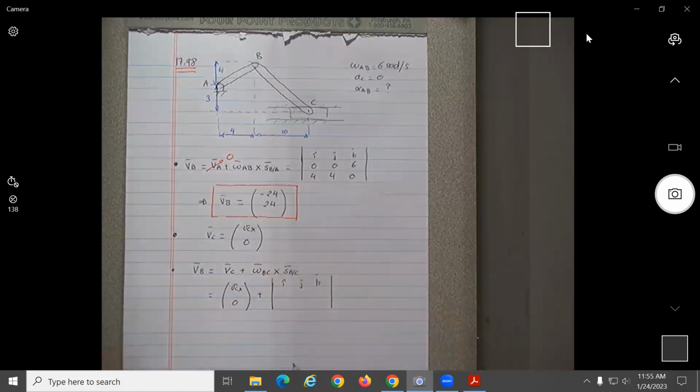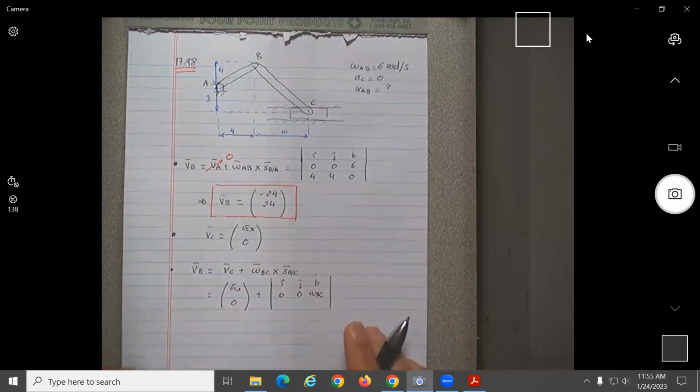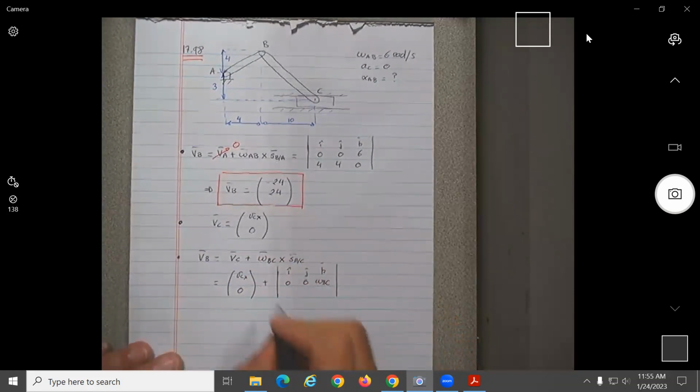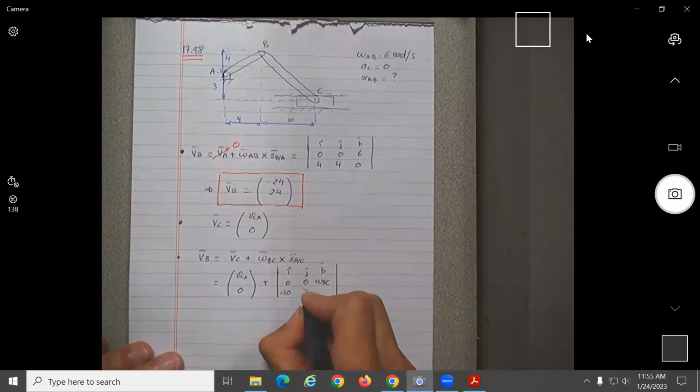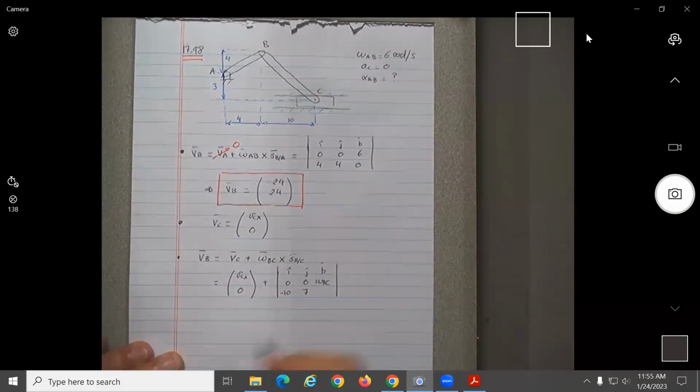What is the position of B with respect to C? Negative 10 on the X and positive 7 on the Y and 0. So again, we do the same thing as before.